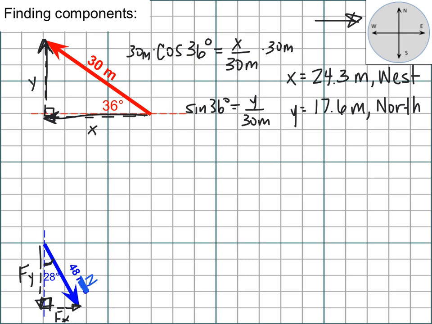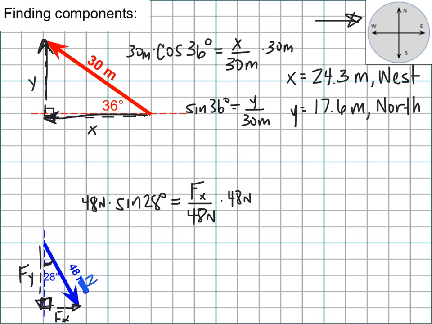So I would say that the sine of 28 degrees is equal to F sub x divided by my hypotenuse, 48 newtons. Again, multiply both sides by 48. And notice this pattern. When we're finding these components, we often are going to be taking the hypotenuse times the sine, or the hypotenuse times the cosine. So if you start to notice that pattern, go ahead and take the shortcut and just sort of notice it.